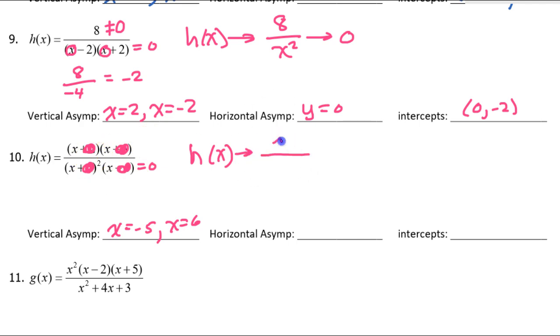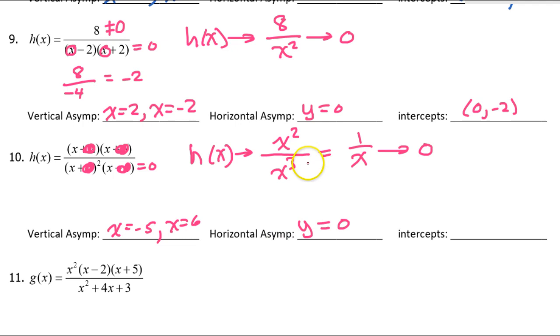So that's going to leave me with x squared. And here I have x squared times x, so that's x to the third power. This would reduce down to 1 over x. Now, as x gets bigger and bigger, this fraction will get smaller and smaller. So it's approaching 0. So that's why the horizontal asymptote is y equals 0.